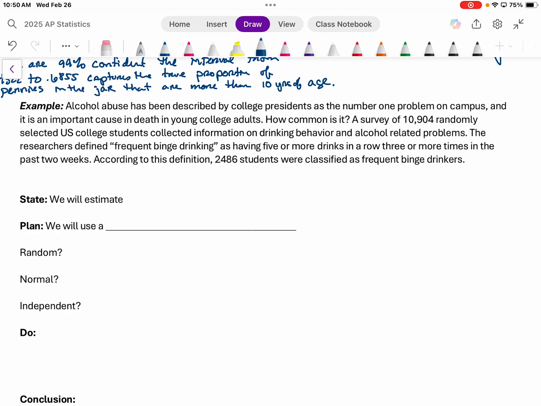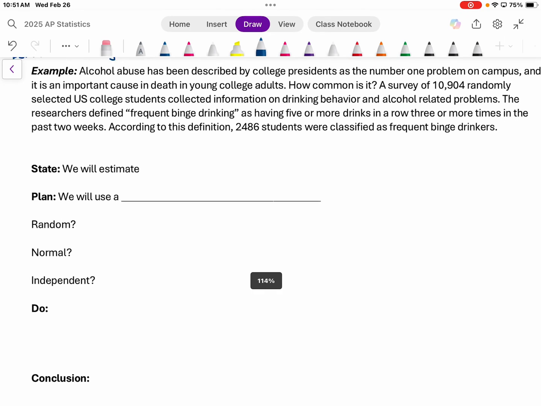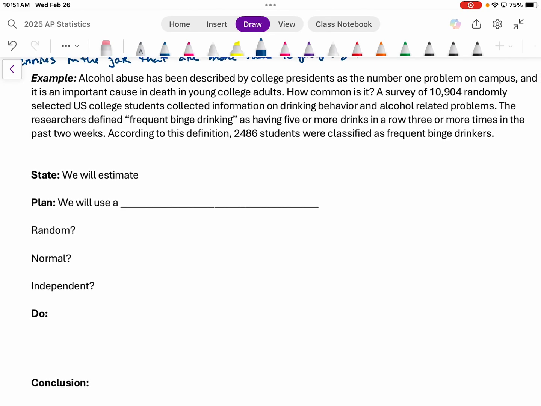So as we do the statement phase, here's how we're going to craft it. We will estimate the true proportion of college students.